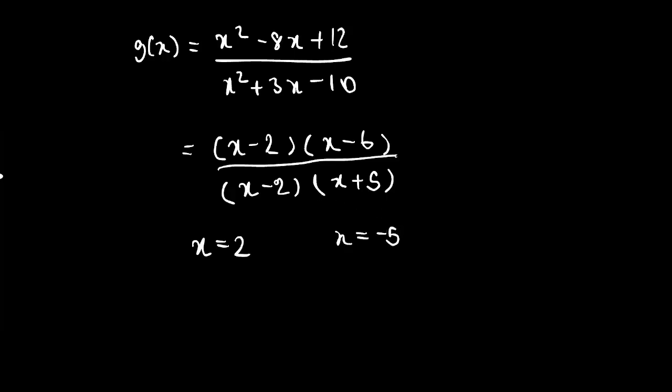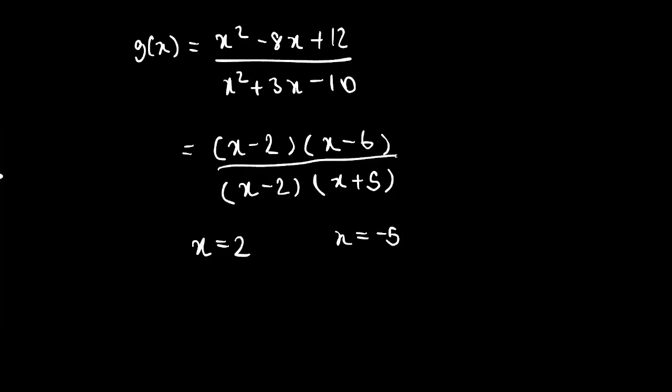If you plug in negative 5 here, that gives you negative 7. And over here, negative 5 will give you a 0. So negative 7 times 0 is still equal to 0. So the 2 points when our denominator will be 0 is when x is equal to 2 and x equals negative 5. So those are the two places where our function will become discontinuous, or will no longer be continuous.